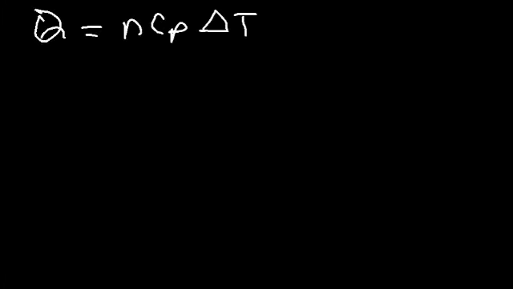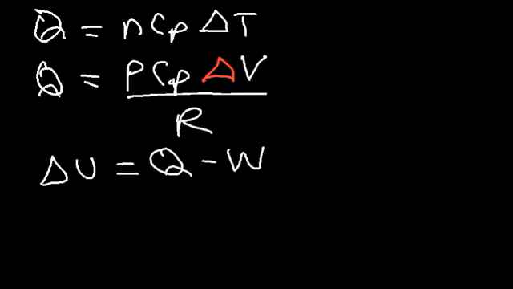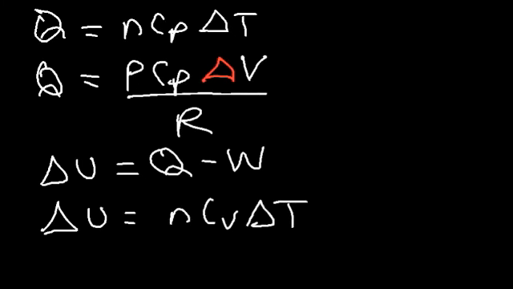Now to calculate Q during an isobaric process, you can use the equation n Cp delta T. You can also use the equation P Cp delta V, since the volume changes, divided by R. And delta U is still Q minus W. This equation applies, and it's also equal to n Cv delta T. Now for an isobaric process, since the pressure is constant, when you increase the temperature, the volume will increase.